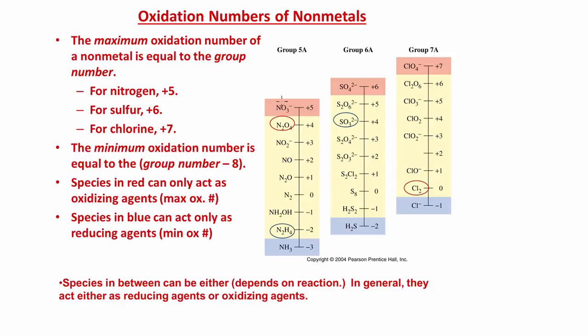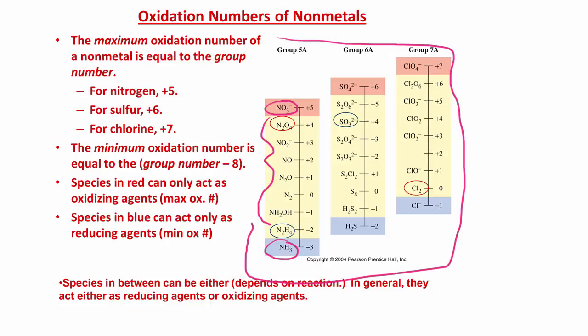When nitrogen has a +5 oxidation number, it can only act as an oxidizing agent. In this case here, where it's a -3, it can only act as a reducing agent. These in between can act as either oxidizing or reducing agents depending on the reaction. Take a look at this in your book. We have so many compounds here.